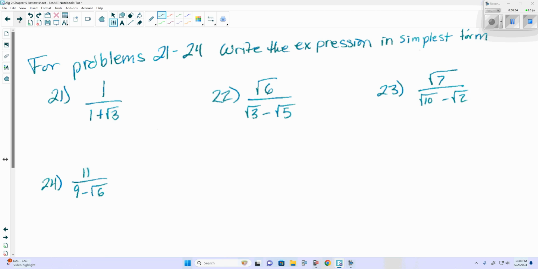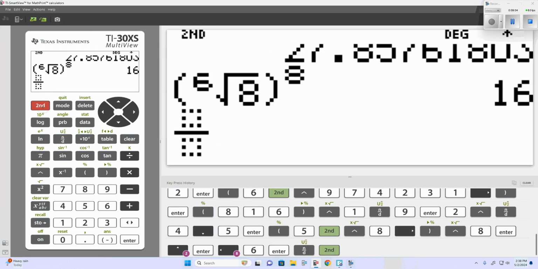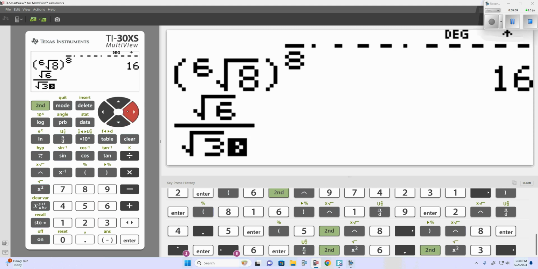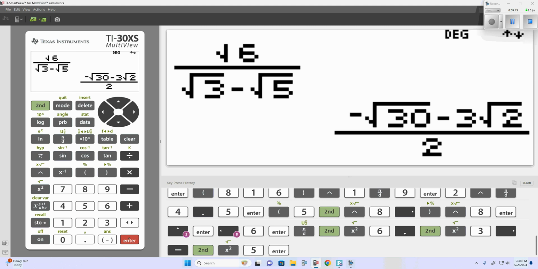So let's look at 21 through 24. Which one of these do we want to look at? All you gotta do is type these into the 30XS.